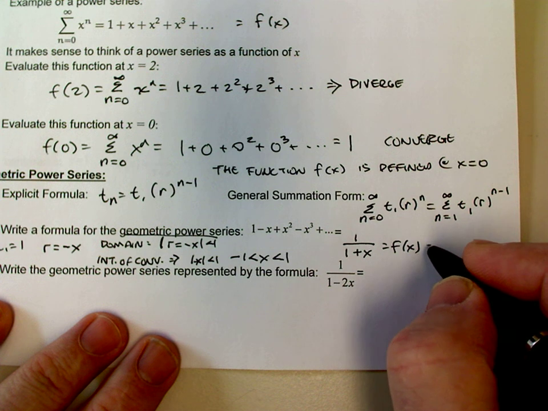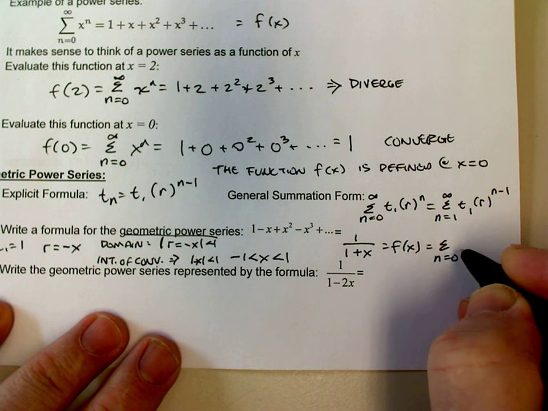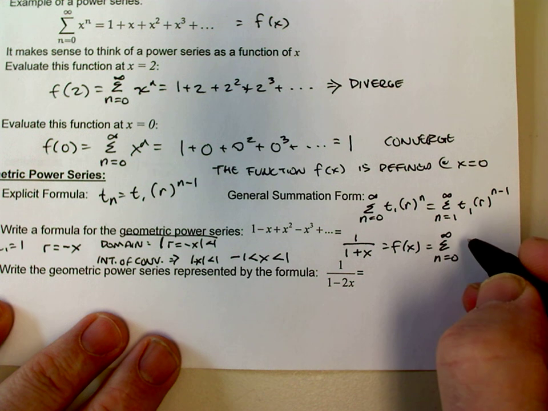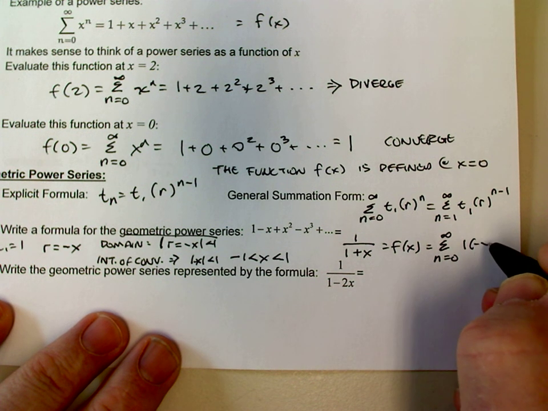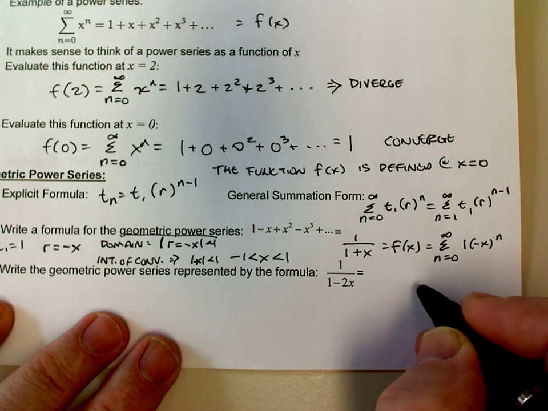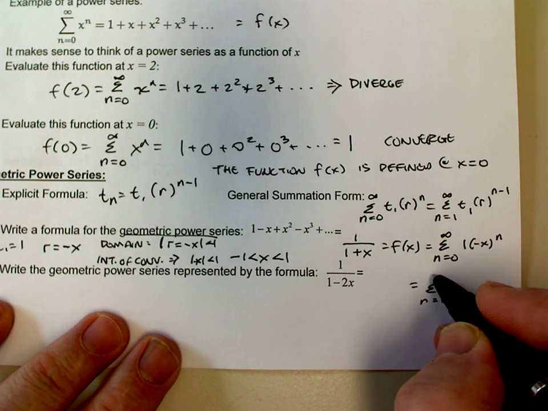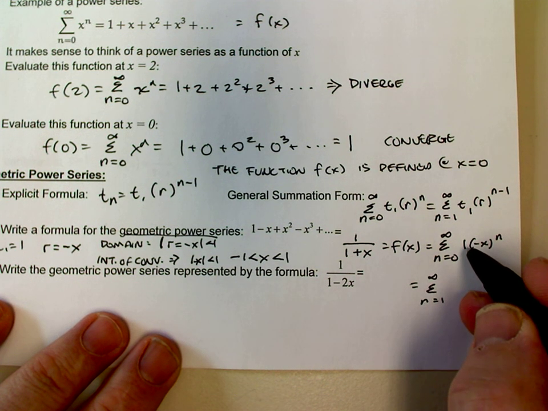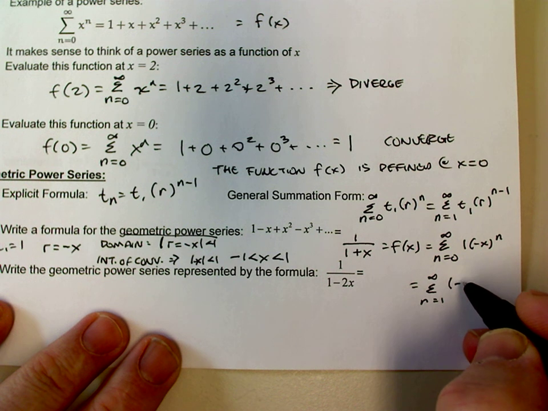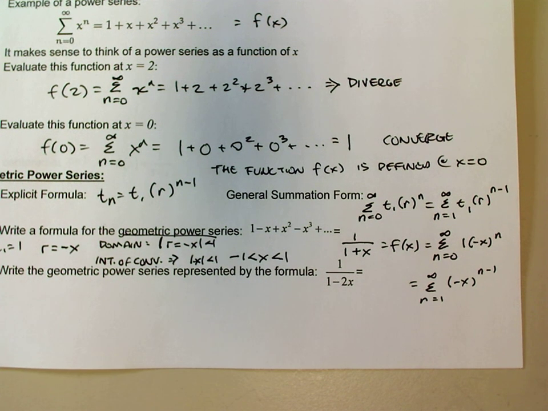In summation form, we could write it like this: the sum from n equals 0 to infinity of first term 1 times negative x to the nth power, which also could be written as the sum from n equals 1 to infinity of negative x to the n minus 1. I don't have to use the 1 in there. Either way that could be written.